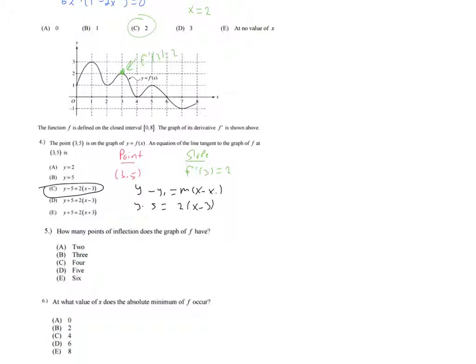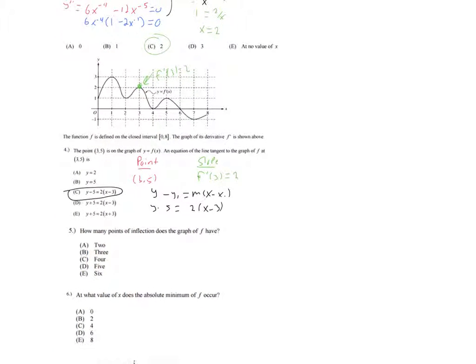When we have a point of inflection, let me just do this so that we can see 5 and 6 in the same. Okay. So when we have a point of inflection, and we know the derivative, we want f prime to change from increasing to decreasing, or vice versa. So the graph starts out going up, then it's going down, then up, then down, then up, then down, then up.